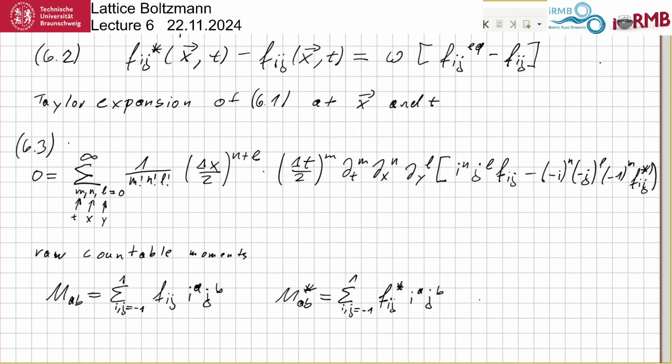And this can also be said for our overbar variables that we've already introduced, with i, j equal to -1 to 1. The overbar was defined as f_ij plus f_ij asterisk, so it's the average between pre and post collision, with i to the power of a and j to the power of b.